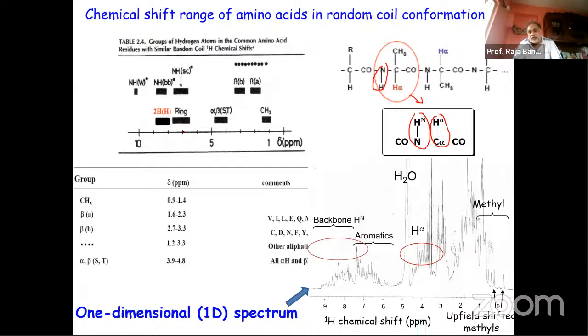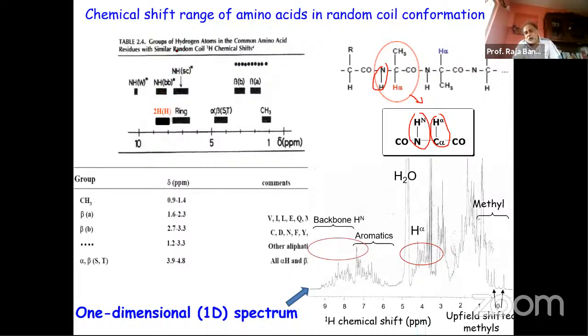It comes around 7. This is the ring, that means the aromatic structures, which I am showing here. This is the ring structure. Now in the case of C alpha, these are coming around 4.5, 4.7, like this, within 4 to 4.5, even 4.6.